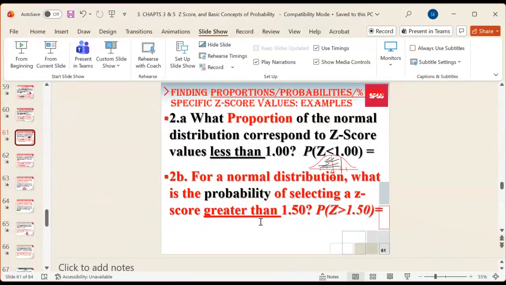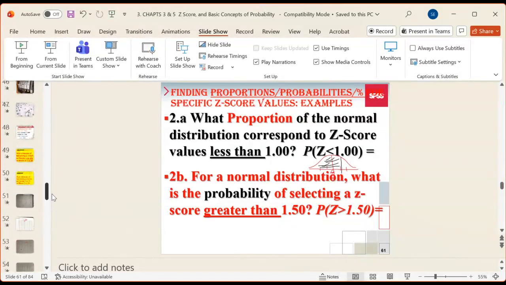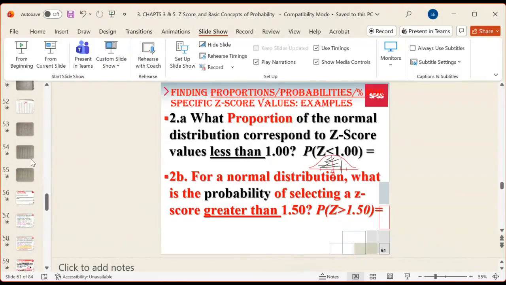So this one is greater. Okay, this is greater than 1.5, so they want the tail. So 0.0098. And then it's a probability, so multiply it by 100. Let's go back again to 1.5.